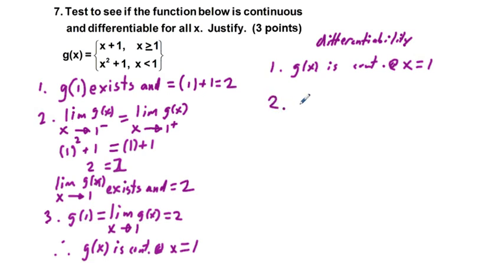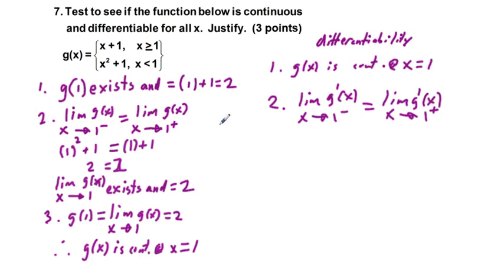Second, the limit as x approaches 1 from the left side of g prime of x is equal to the limit as x approaches 1 from the right side of g prime of x.